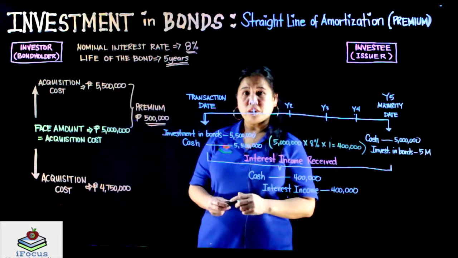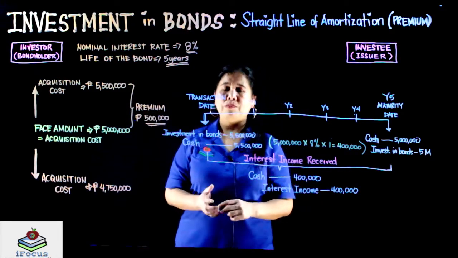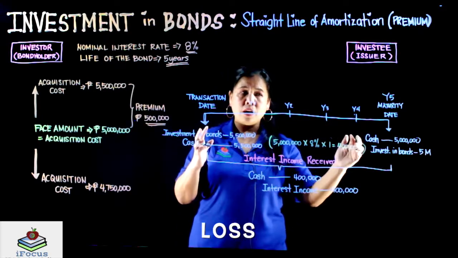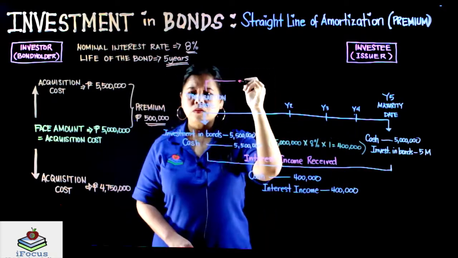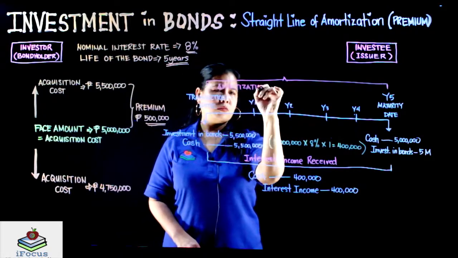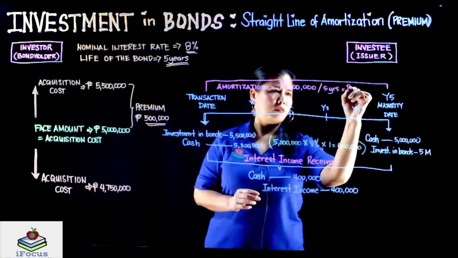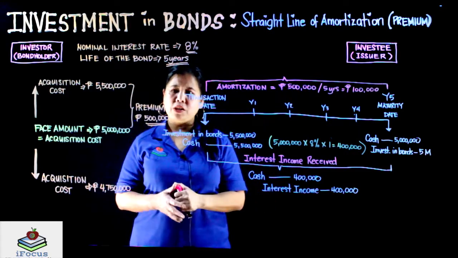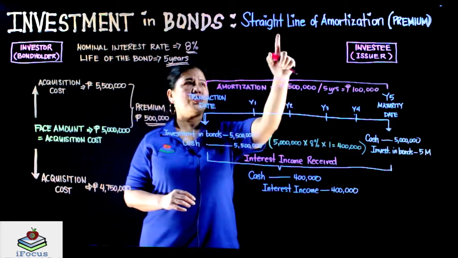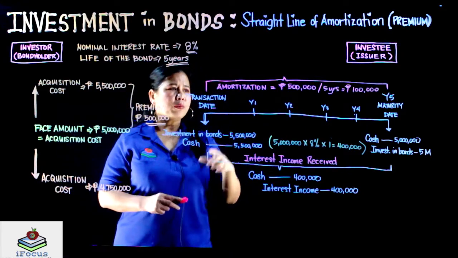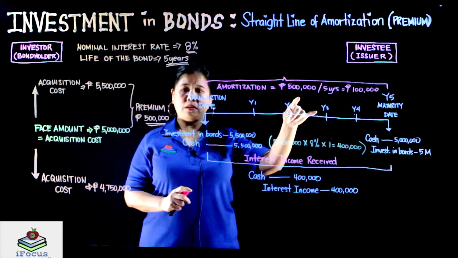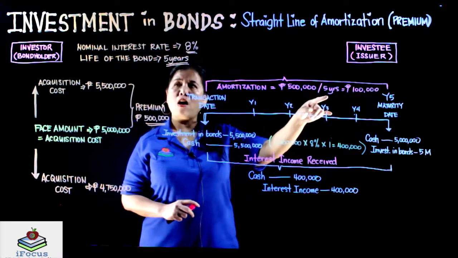Dito naman sa amortizations of our premium, yung ating loss, i-amortize natin over the life of the bonds. So, to calculate for our amortizations of our premium using the straight line method, our amortization is equal to the 500,000 divided by the life of the bond.